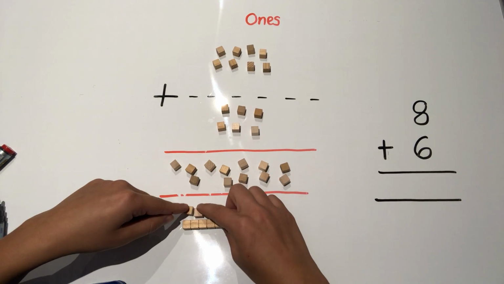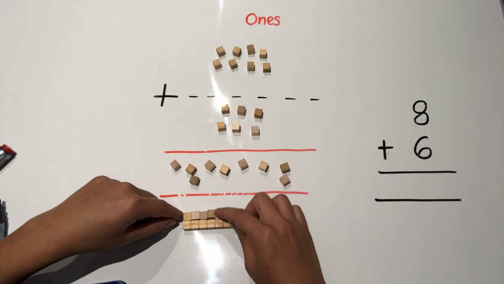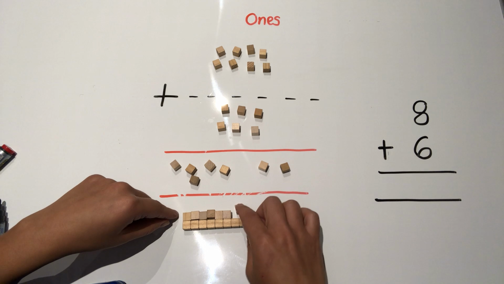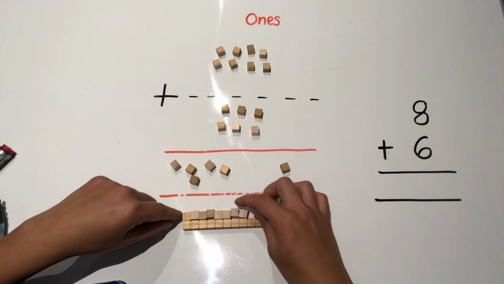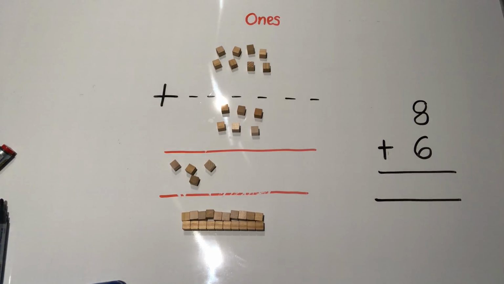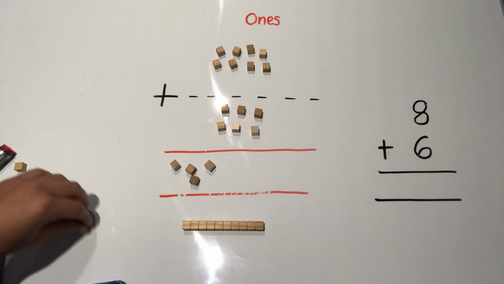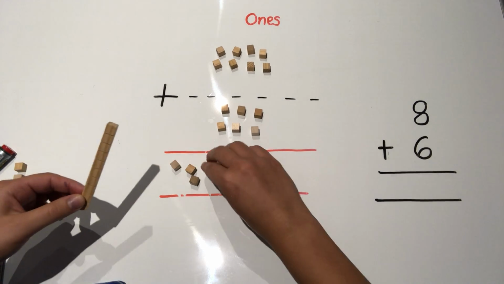So if we were to get 10 of our ones, you would see that is equal to 1 ten. So what I'm going to do, I'm going to take away these 10 ones, and I'm going to rename it into 1 ten.